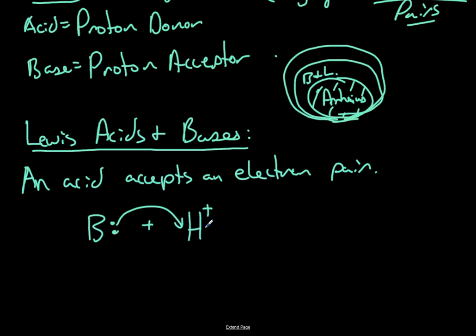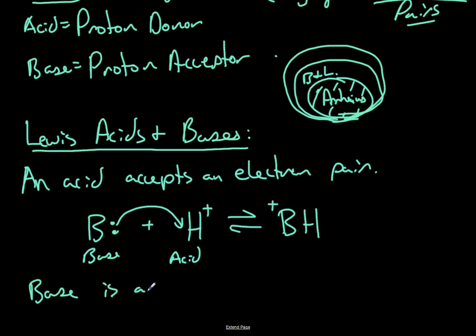So we're still talking about hydrogen, same as we were before. However, there may be some other things that are described as Lewis acids as well that are not hydrogen, and we get something like this at the end of the day. So in this case, here's your Lewis acid, and here's your Lewis base. So if an acid accepts an electron pair, the base is an electron pair donor.